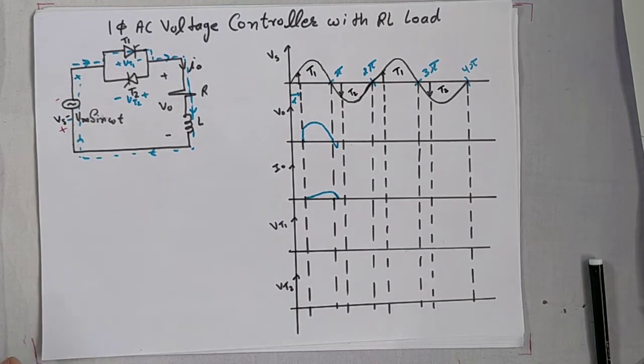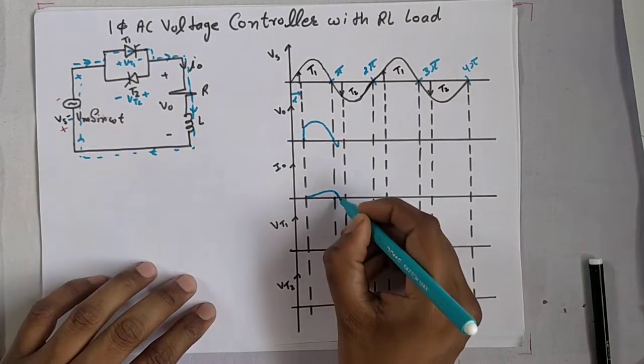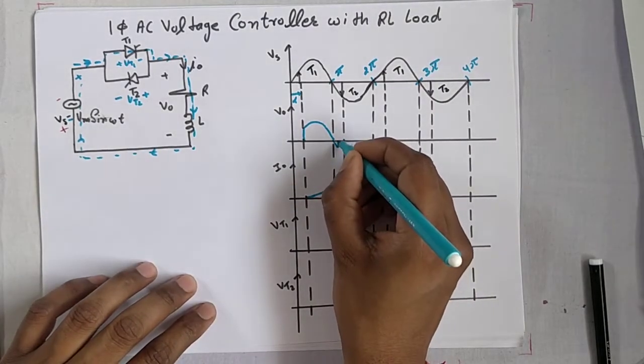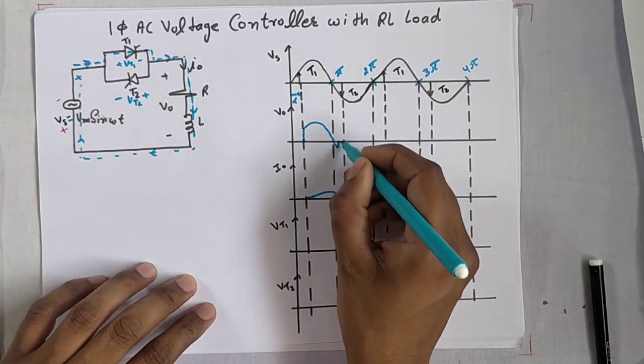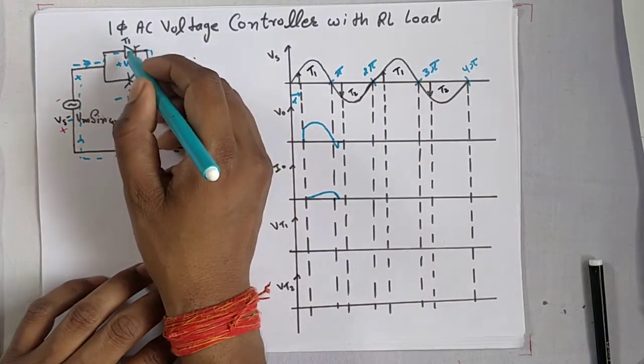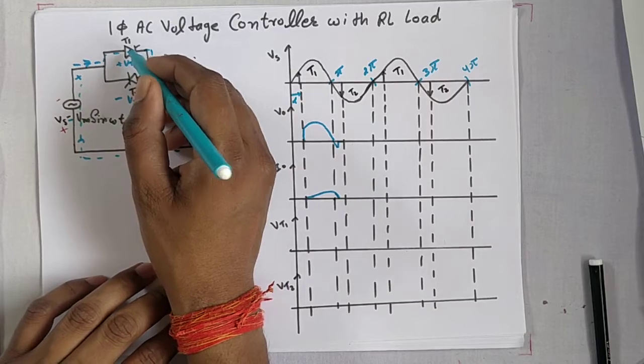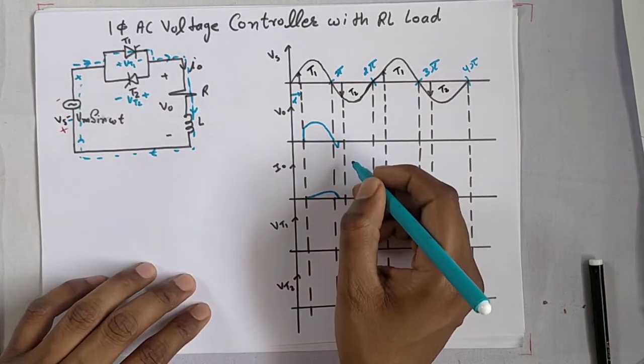You can also say that a sudden rate of change of current is avoided by the inductor. So at this point the inductor energy is reduced, so the output voltage at this time is 0, because thyristor T1 is turned off, output voltage is 0.